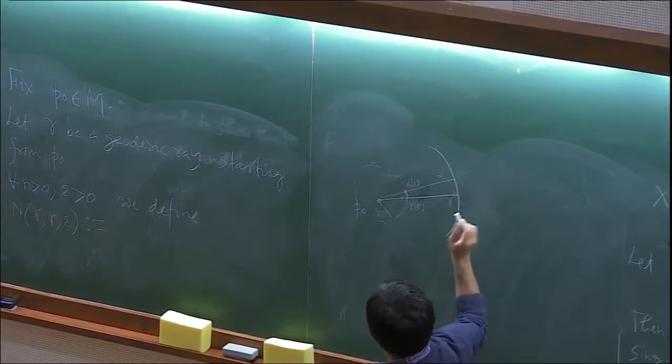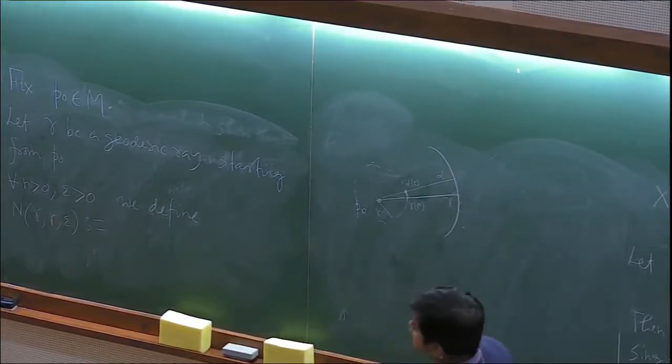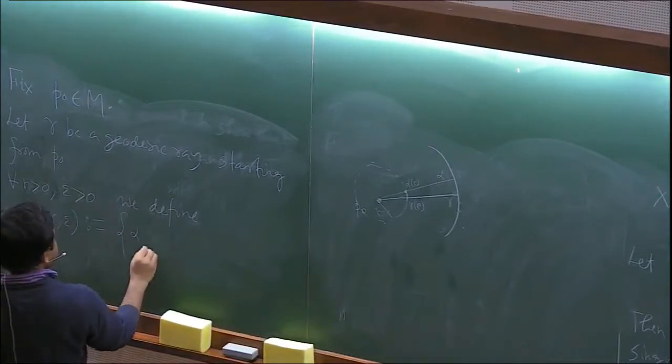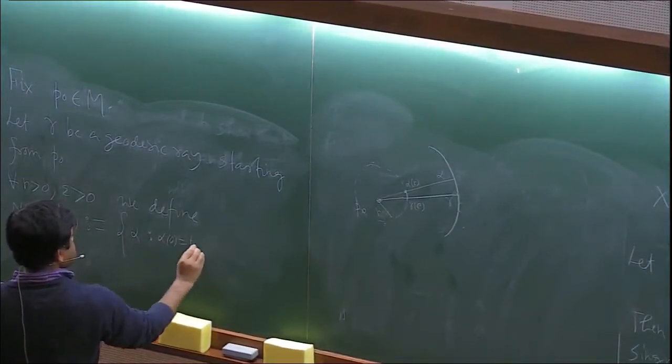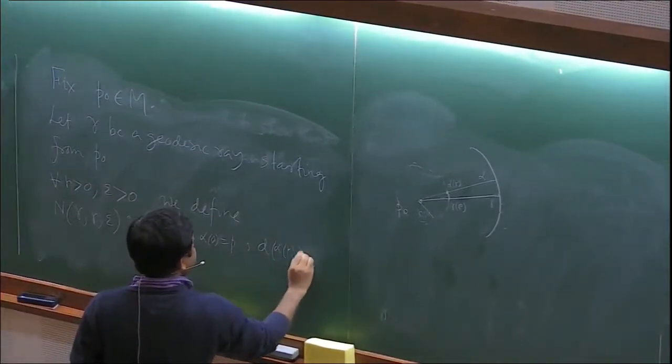Then you consider the set of all alpha such that alpha 0 is P, and the distance between alpha R and gamma R is smaller than epsilon.